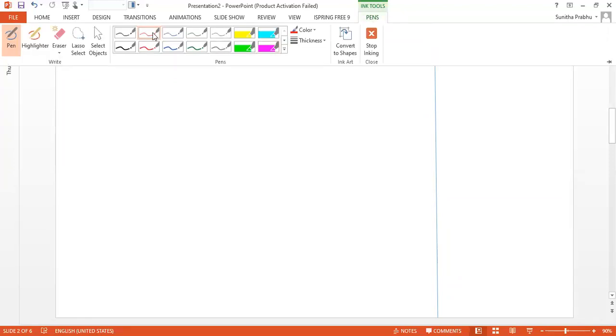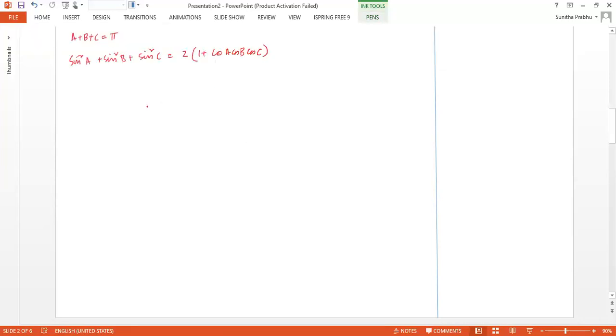Can you tell me here what we should do? Adit, can you come up with some ideas? Because here you have squares and you have sine, while here everything is cos. Yes, sir. What to do?